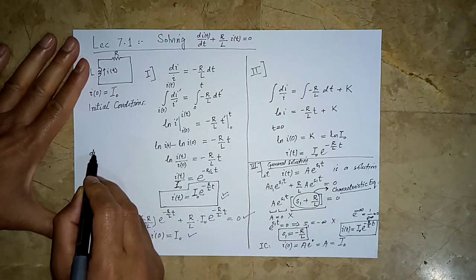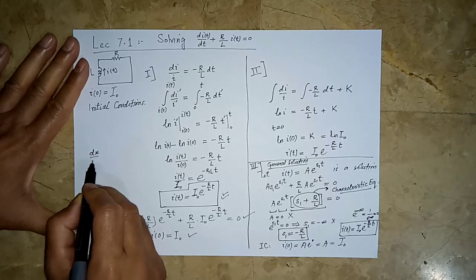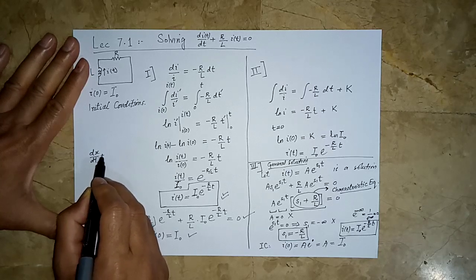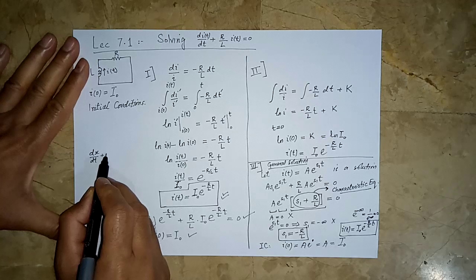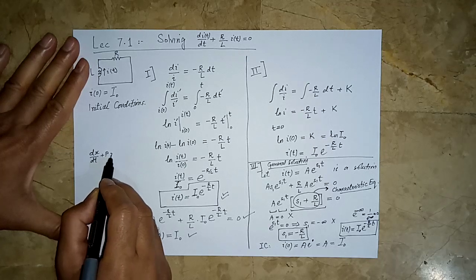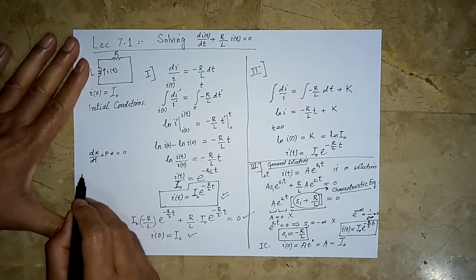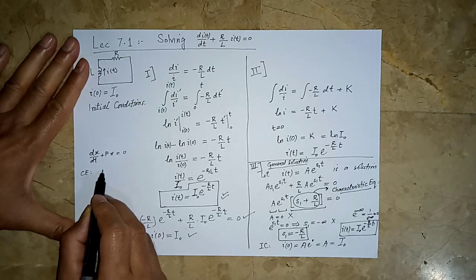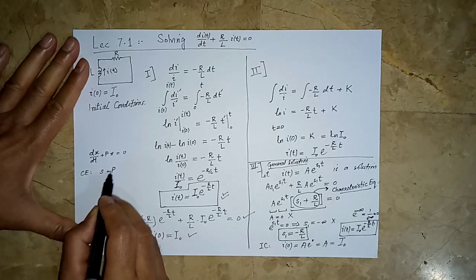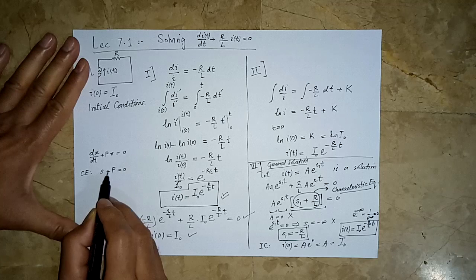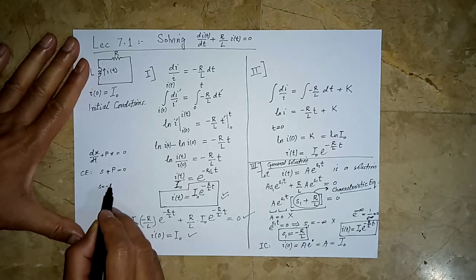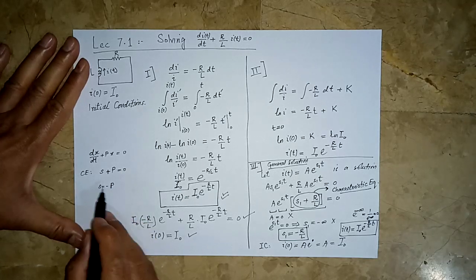So having a differential equation of this form, dx by dt plus, say, p x equal to 0, the characteristic equation would be s plus p equal to 0. So s would be equal to minus p, something we can straight away find.